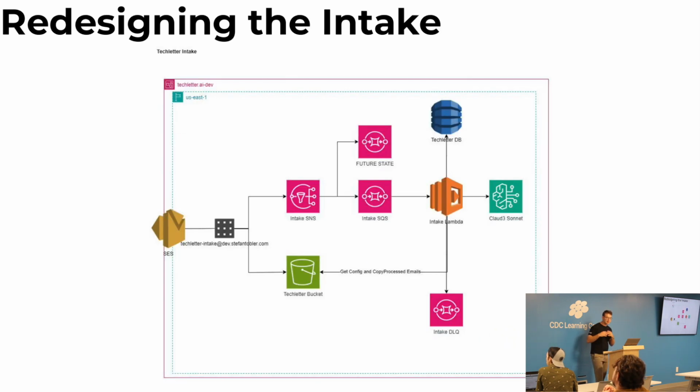Going into programming the real solution, I redesigned the intake. I realized that SageMaker wasn't going to be the right solution. SageMaker was super expensive, and I think at reInvent this year, AWS announced Bedrock, which is where we can interface directly with these LLMs and these AI models through simple AWS API calls.